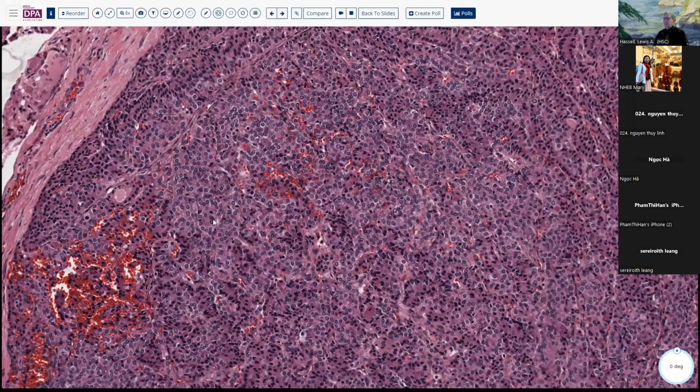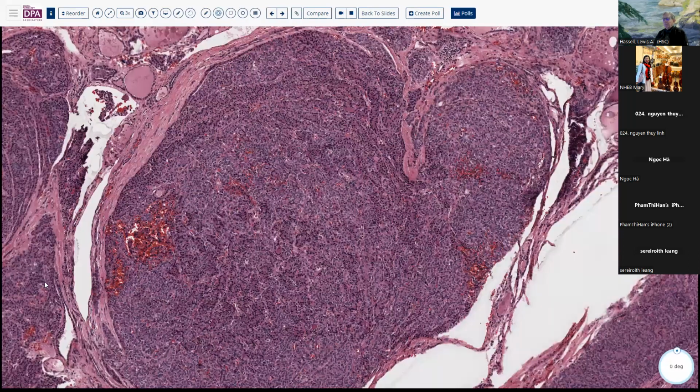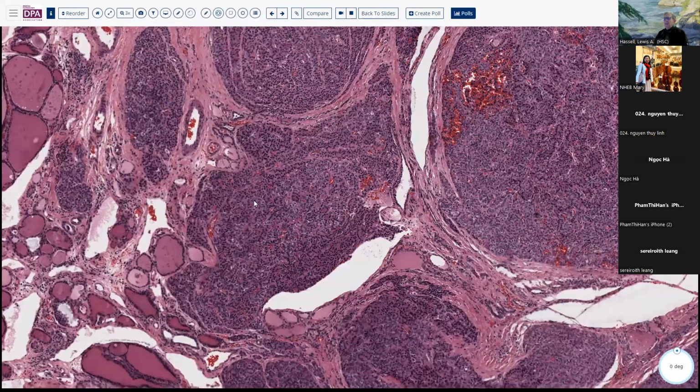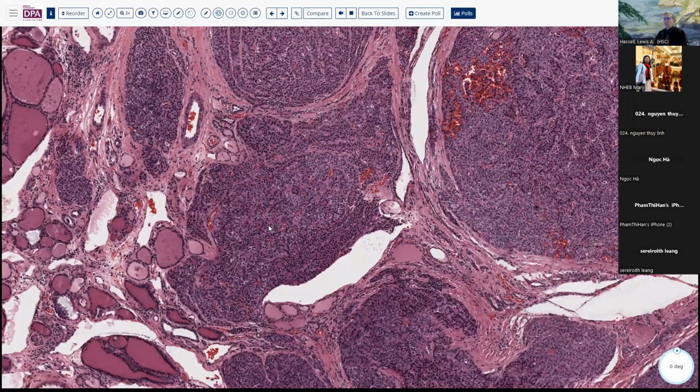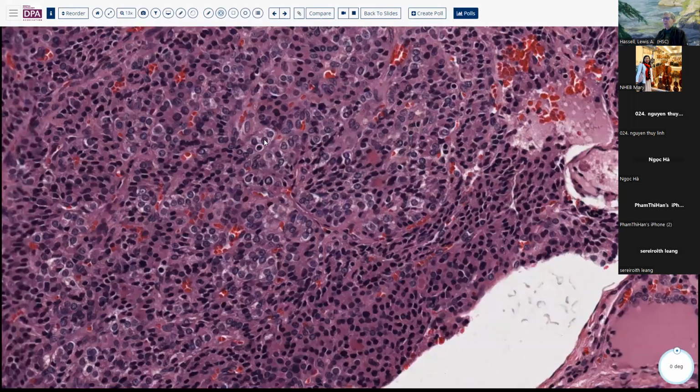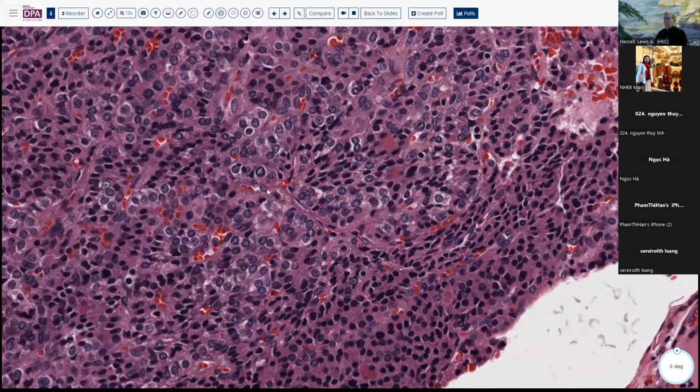These tumors, I believe, ontologically probably represent a stage in the dedifferentiation of papillary thyroid carcinoma. They tend to mimic those in terms of some of the molecular alterations, in terms of BRAF and so forth.